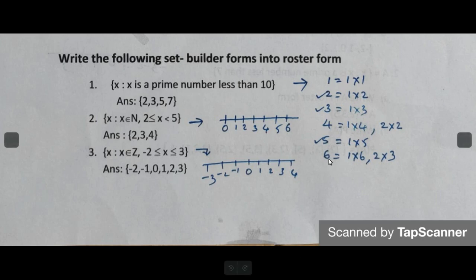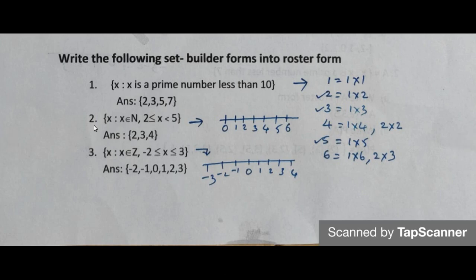Okay, so which are the prime numbers less than 10? 2, 3, 5, 7. Prime numbers are the numbers whose factors are only 1 and the same number. Okay, so here the answer is 2, 3, 5, 7.